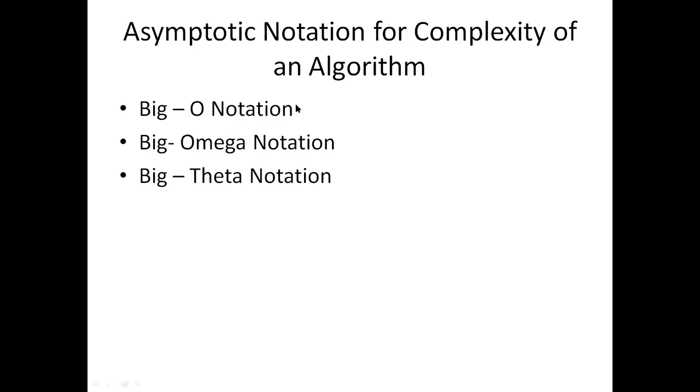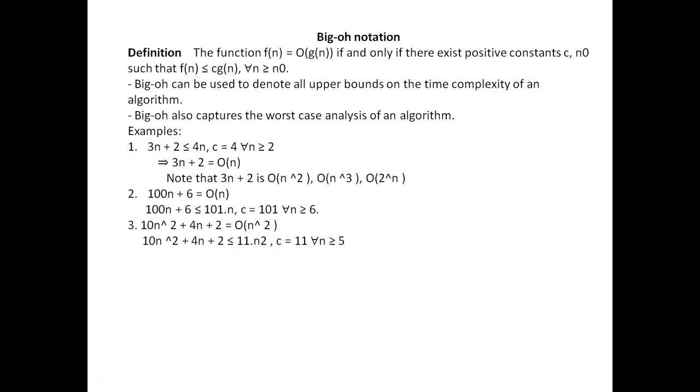This big O notation gives the worst case complexity of a given algorithm, and this big omega gives the best case complexity of the given algorithm, and this big theta is the compact complexity of the given algorithm. Let us see them one by one. Okay.